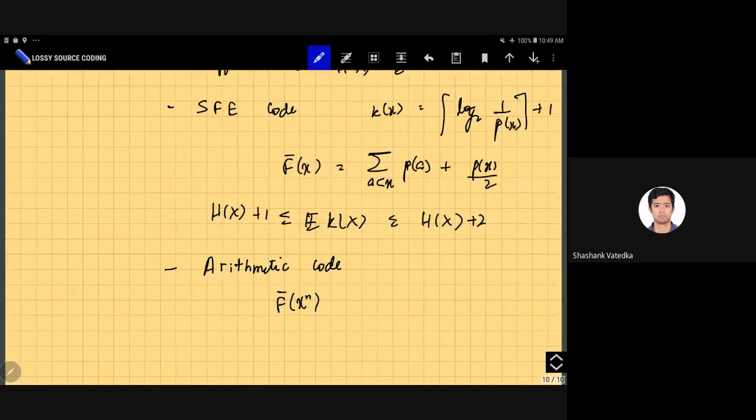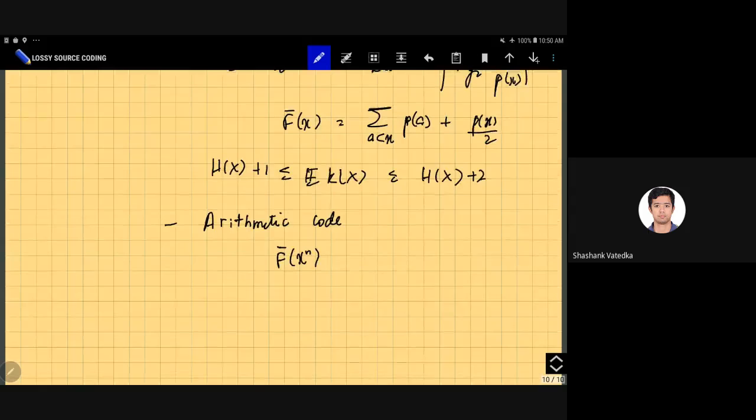We have a recursive formula for p of x^n and g of x^n, and using this you can compute F bar of x^n and therefore compute the arithmetic code word.